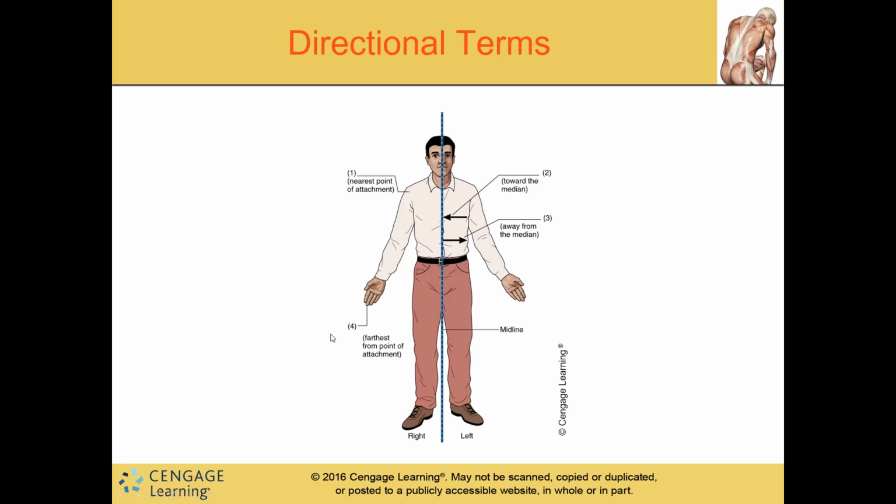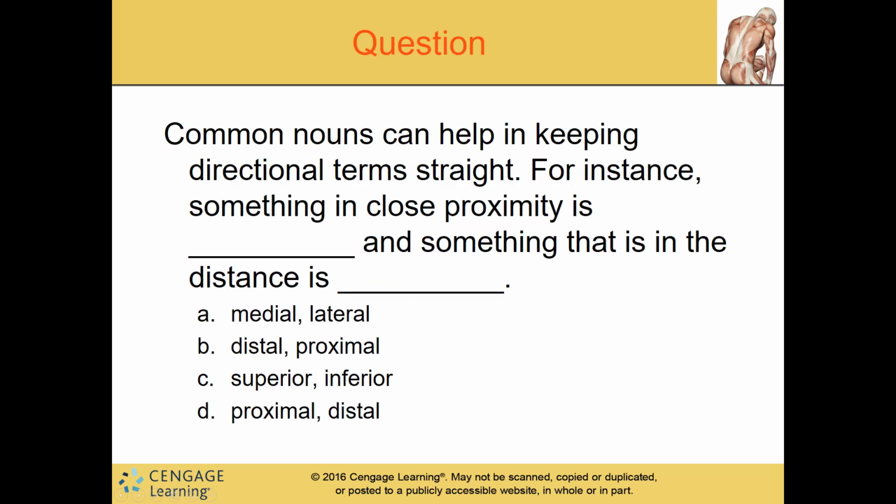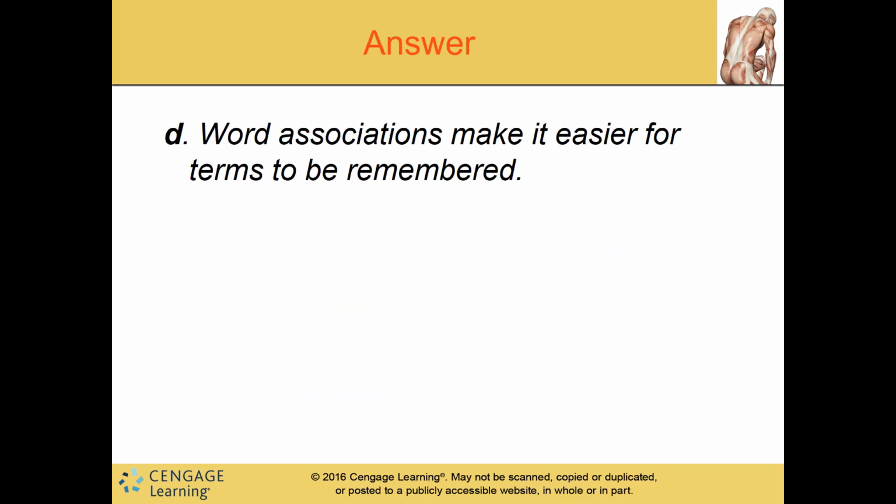Distal, think of distance. That's the farthest point of attachment. All right, and then we have our midline, right and left. We're good with that. Common nouns can help in keeping directional terms straight. For instance, if something is in close proximity, it is proximal, and if something is in the distance, it is distal, so D.